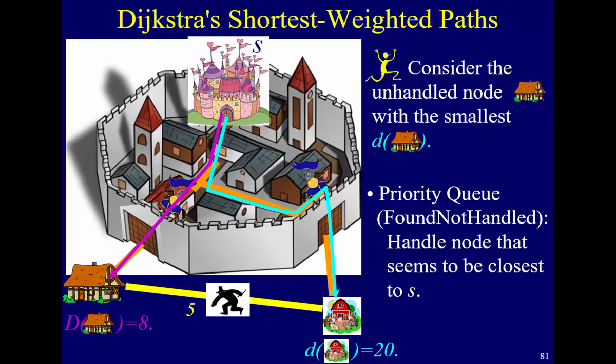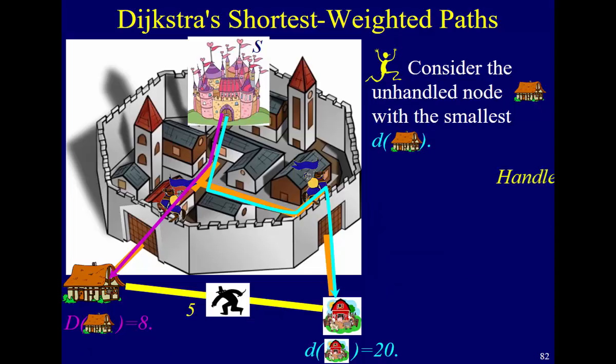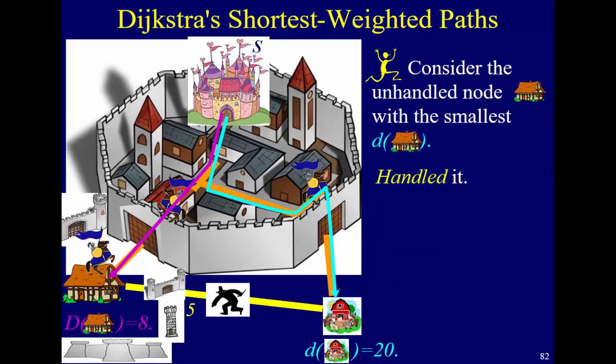So all these unhandled guys are in a priority queue, which is a heap. We find the guy with the smallest d value, so it's at the top of the heap, and we handle it. When we handle it, it becomes part of the city.